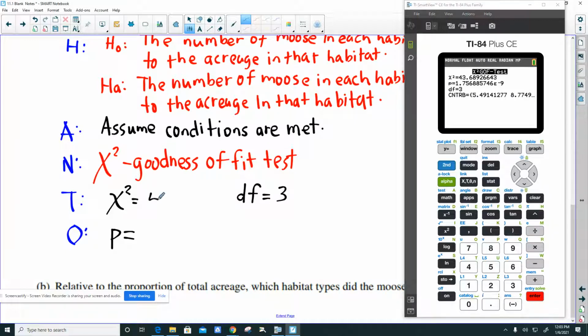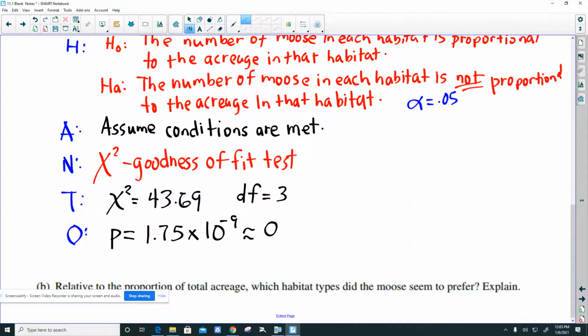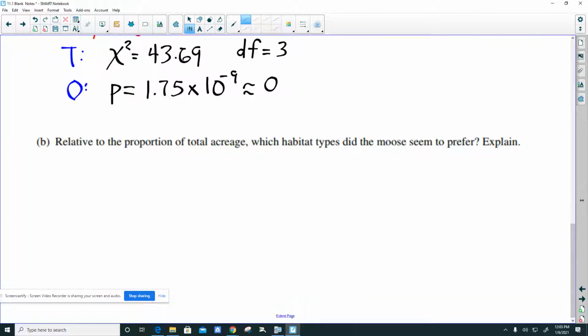Our chi-square value, you can round it to 2 places, is fine: 43.69 here. Now be careful with this p-value. It's in scientific notation because you see that e to the -9, which essentially means that if we moved that decimal point 9 places to the left, the number would be so small it is virtually 0. And so we can essentially report 0 here for our p-value.